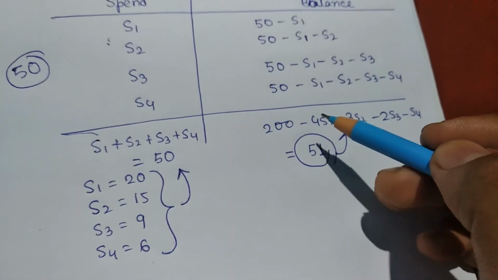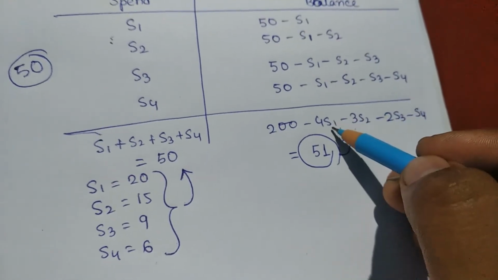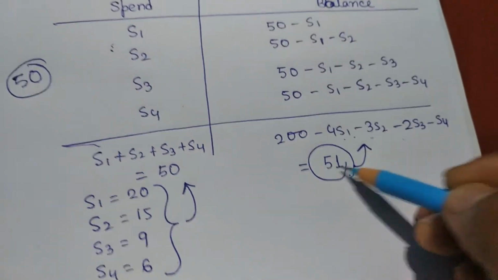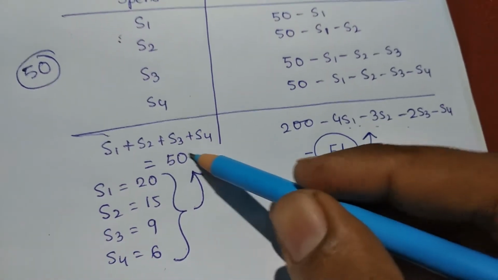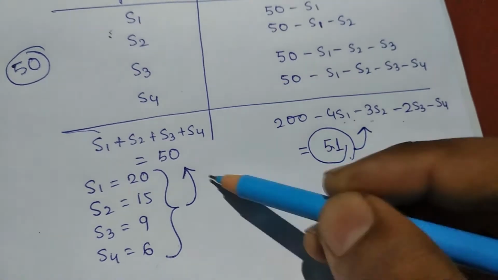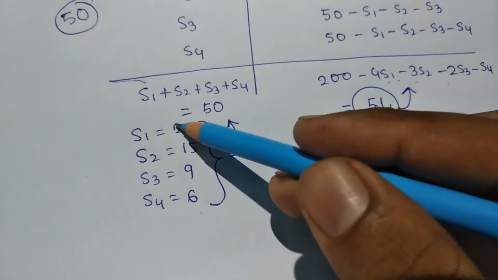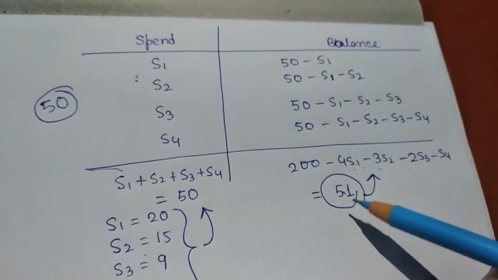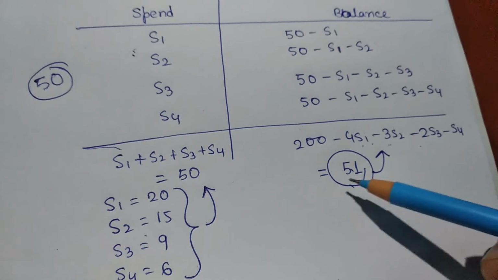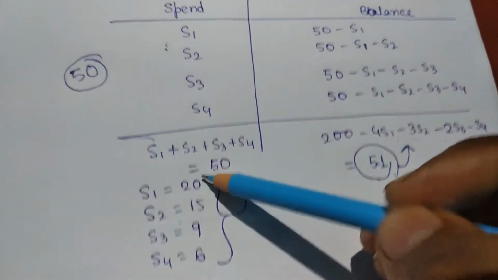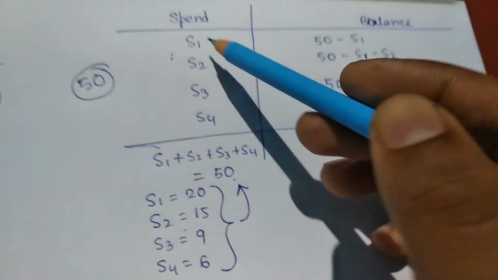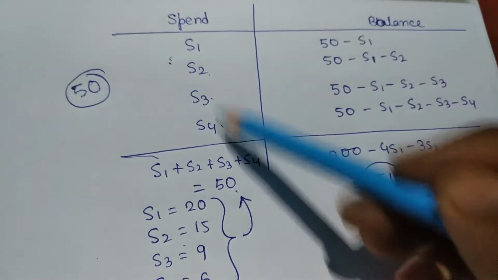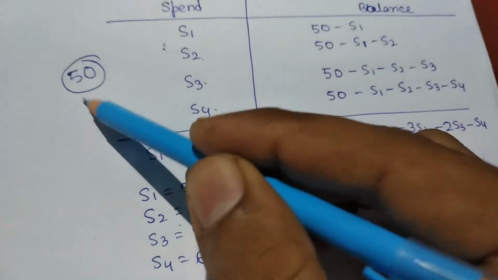If we spend other rupees for S1, S2, S3, S4, we should get a different value, not 50 and 51, from the balance sheet. The only reason is that if I have 50 rupees and I have spent S1, S2, S3, S4, then all the spend value should equal the principal, that is 50.